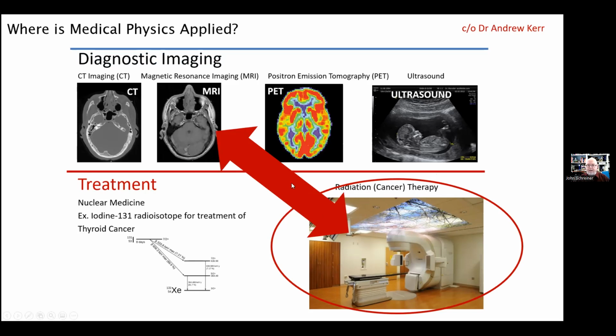And one is not just doing treatment, but also using these imaging modalities to inform how to better do the treatment, and perhaps to follow up how the treatment is progressing as the patient is going through their care.